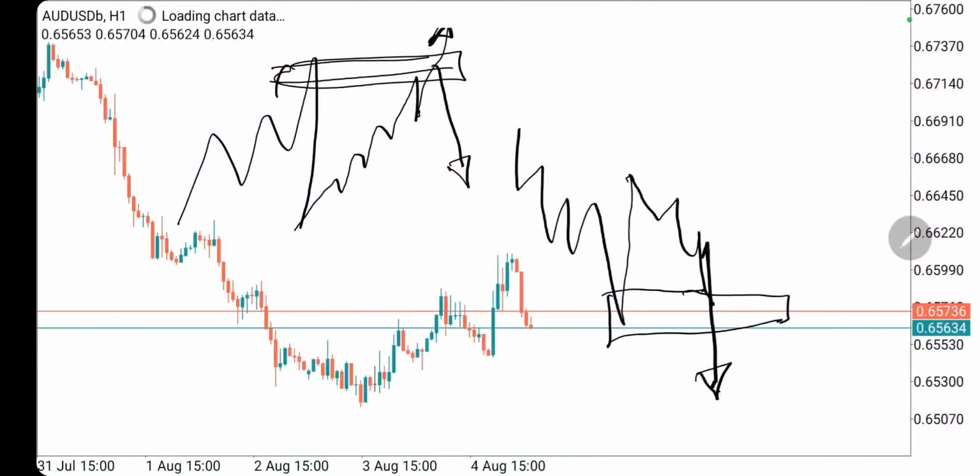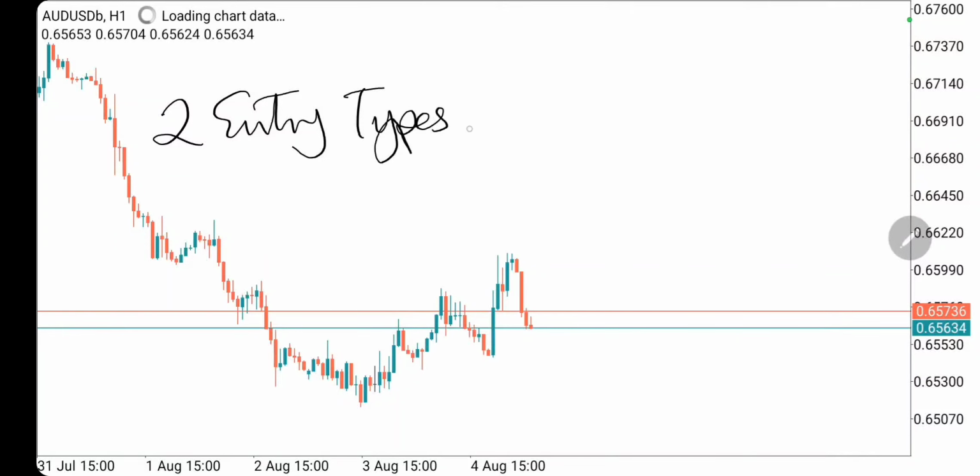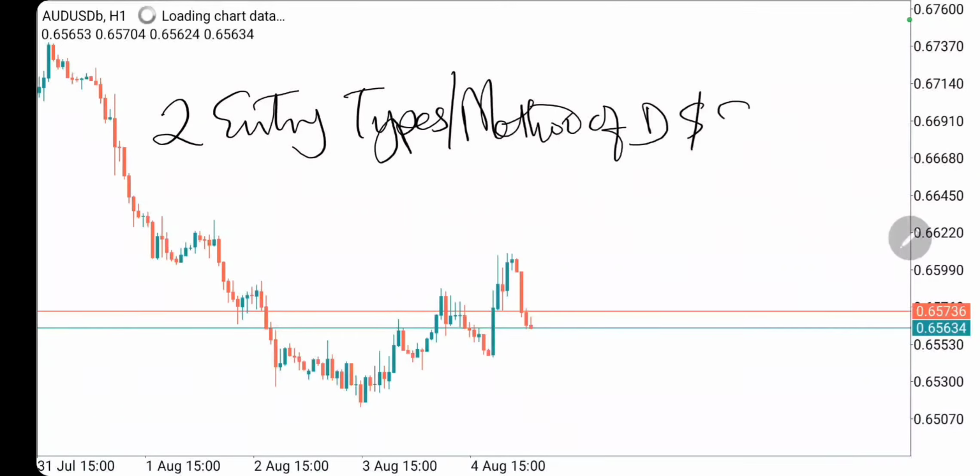So what are the ways? There are two ways most demand and supply zone traders trade. There are two entry types, or two entry methods, of trading demand and supply zones.